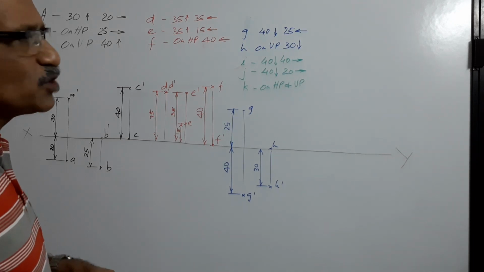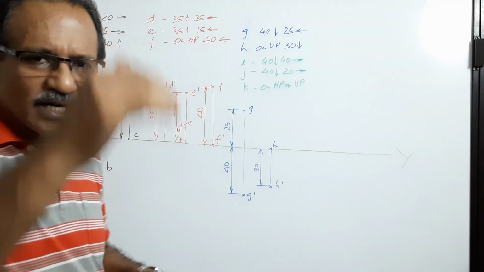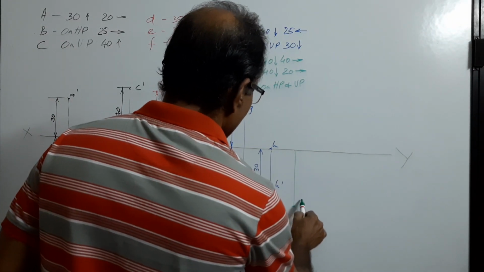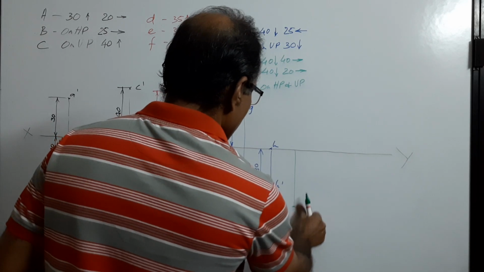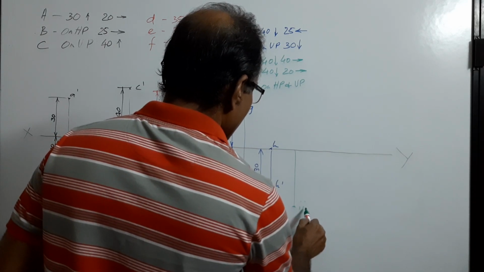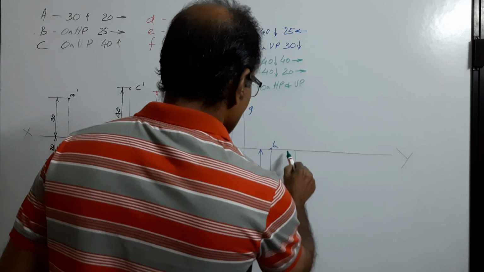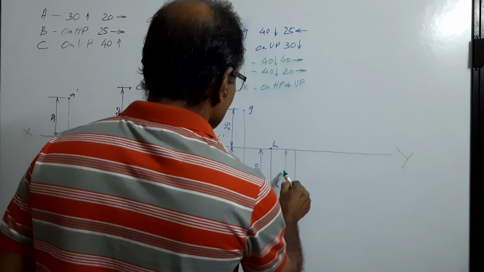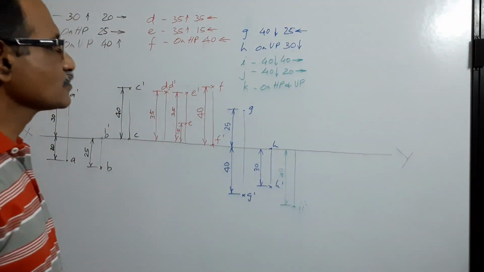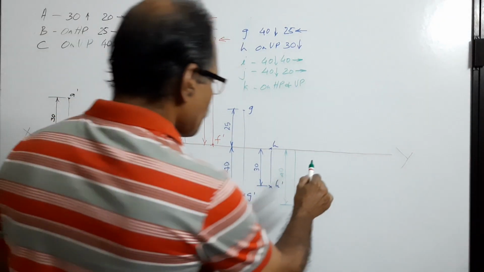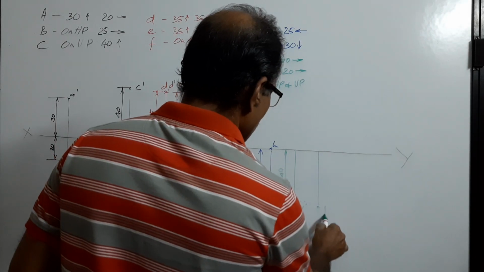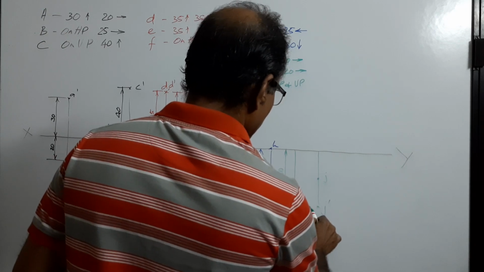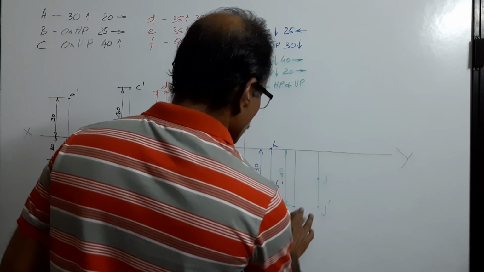I is 40 mm below HP, 40 mm in front of VP. Fourth quadrant, both plan and elevation below XY. So draw a projector. I dash. Then J, 40 mm below. That means J dash is 40 mm below. J dash. Then 20 mm below is J. I dash, I move a little bit.